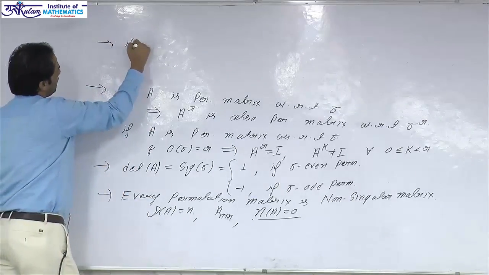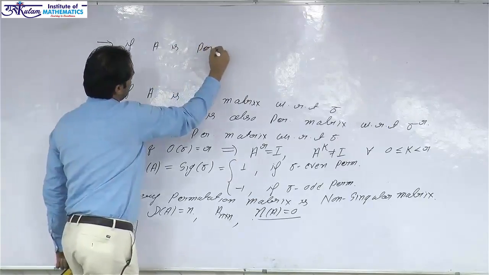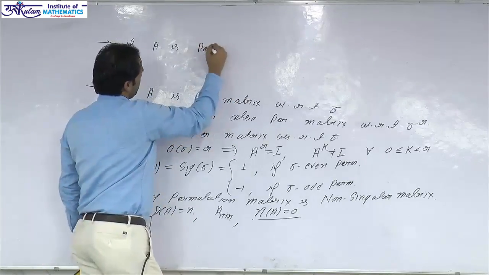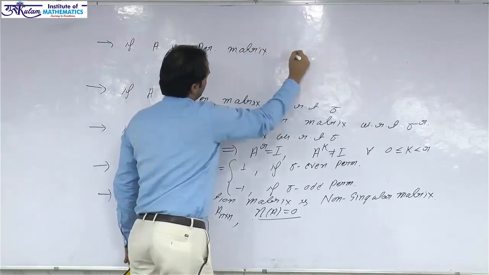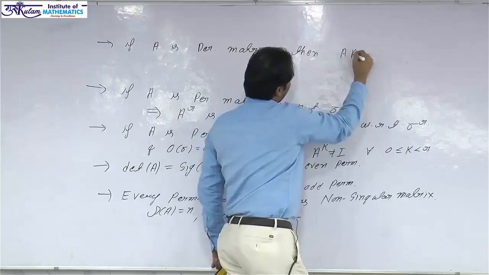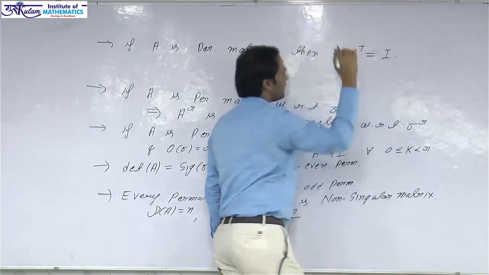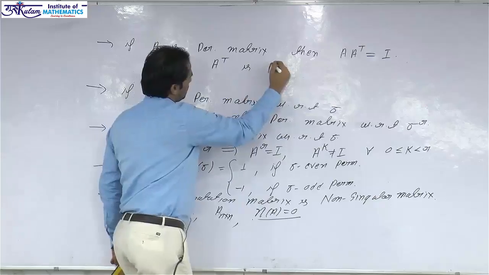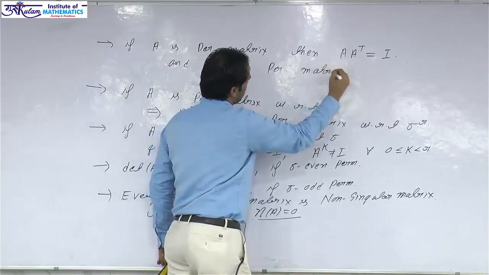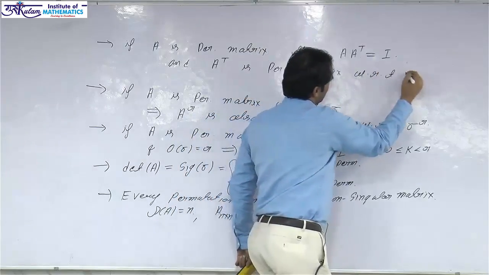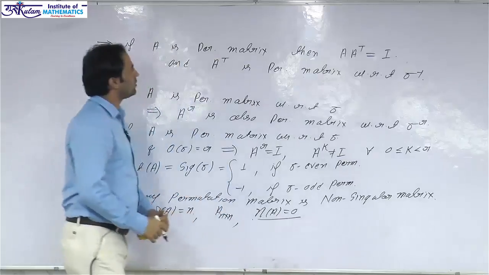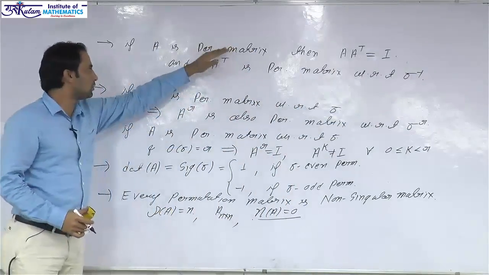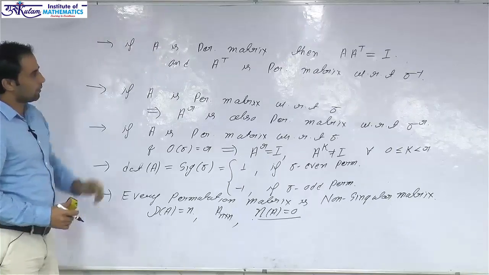That is, if A is a permutation matrix, then A times A transpose is always the identity matrix, and also A transpose is a permutation matrix with respect to sigma inverse, where sigma inverse is simply the inverse of the permutation corresponding to this A.